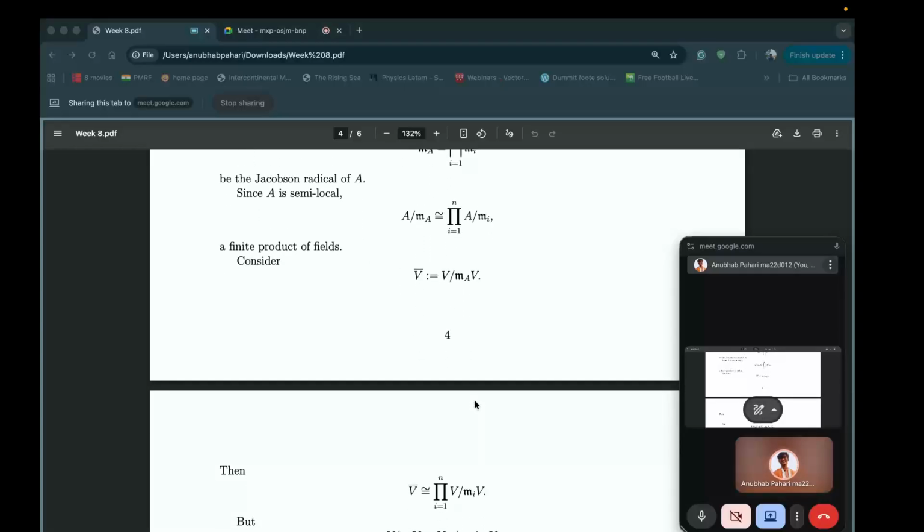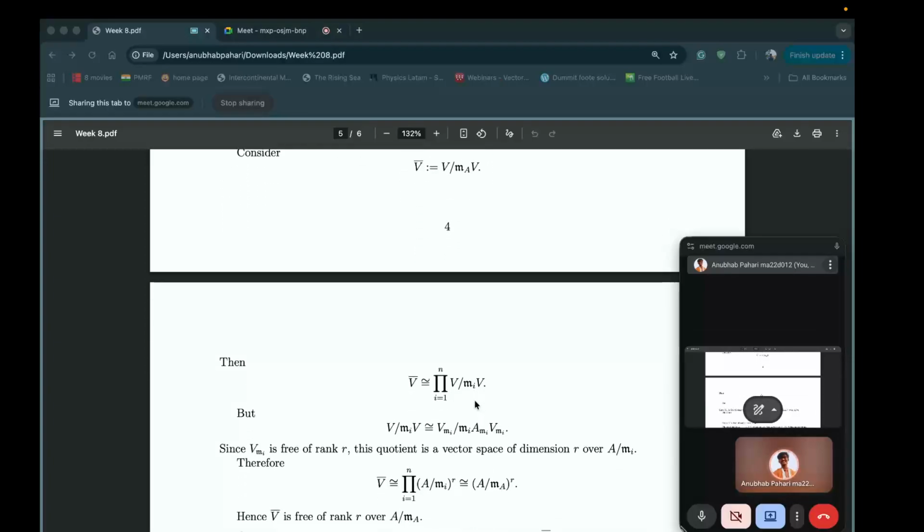And now consider V bar as V mod MV. Then V bar is isomorphic to the product of V mod MiV, but V mod MiV is isomorphic to VMi mod Mi·AMi·VMi.